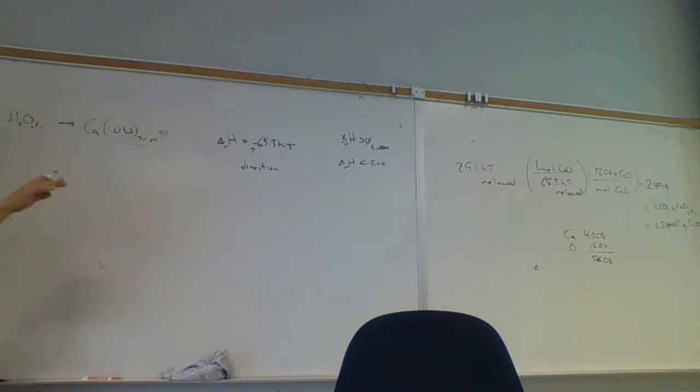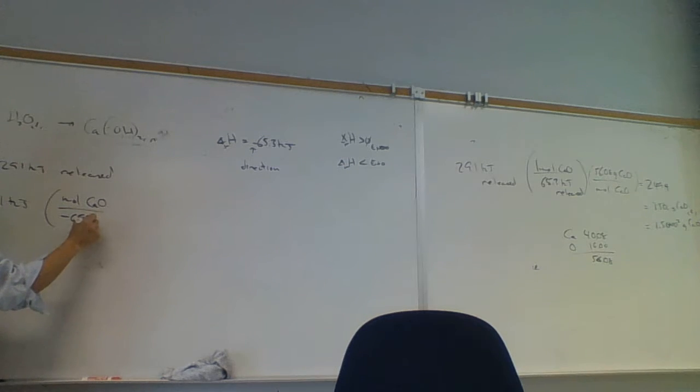In this case, we need to assign a sign to the 291 kilojoules. This 291 kilojoules was released, so we make it minus 291 kilojoules. That was the amount of energy that was lost. And now we can use this, because for every mole of CaO, we have minus 65.3 kilojoules.